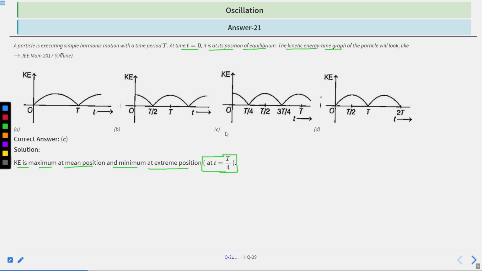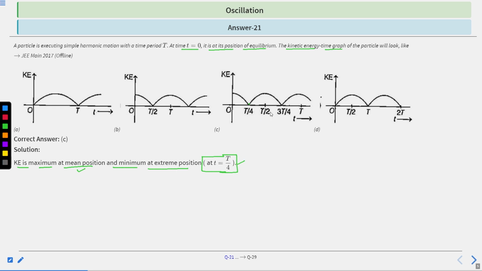In this graph, the kinetic energy is maximum at the mean position, which is t equal to 0, and minimum at the extreme position, at t equal to T/4.